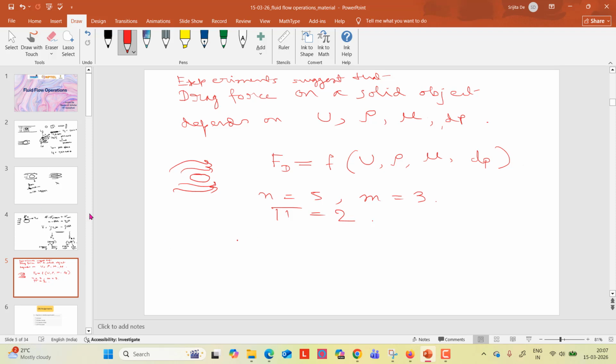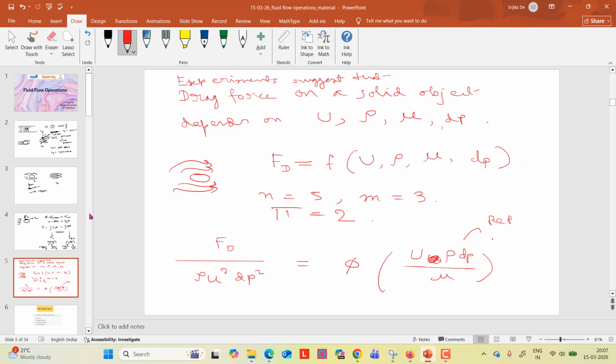Now you can write Fd divided by rho u square dp square equals a function phi of u rho dp by mu, where u is the mean free velocity. You can combine this, and you know this is Rep, the Reynolds number.